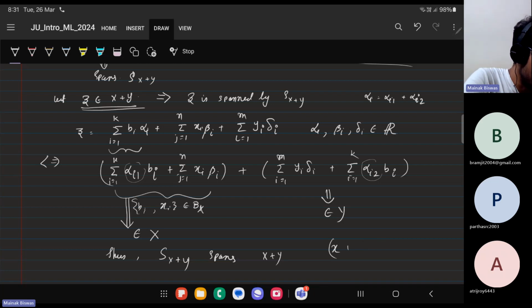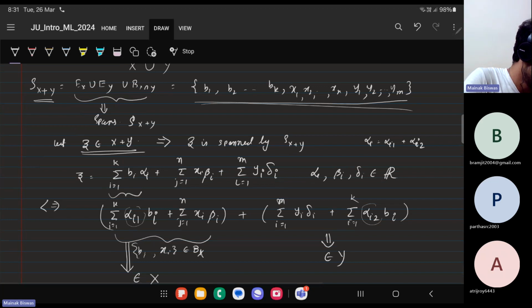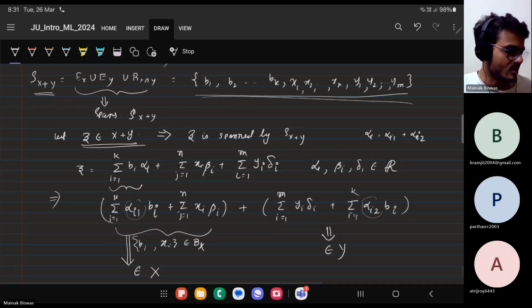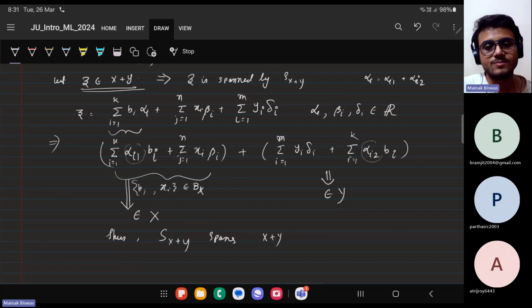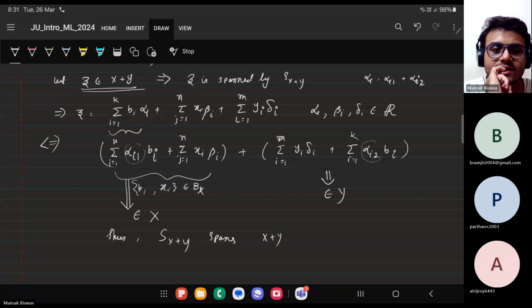No, but one side is enough, I think. Thus the set spans x plus y. Is it okay? Because all these steps are reversible. Even if it is both sides, you can reverse the steps. Okay, tell me any questions.